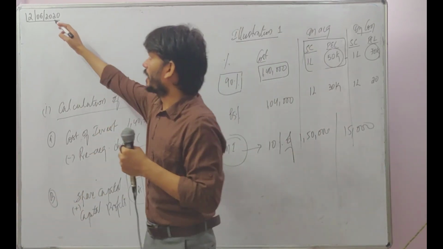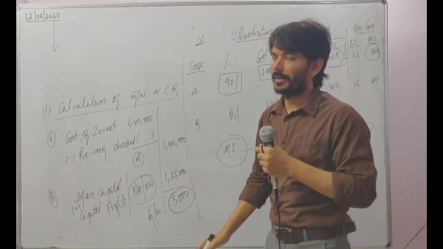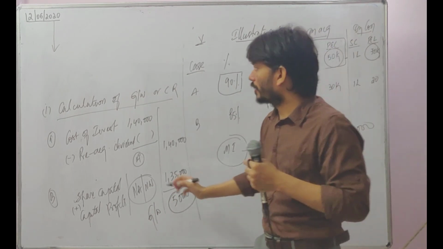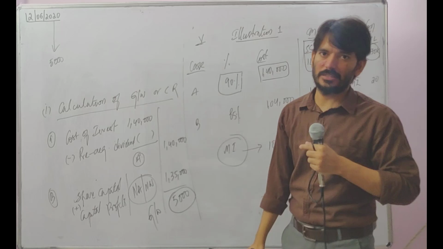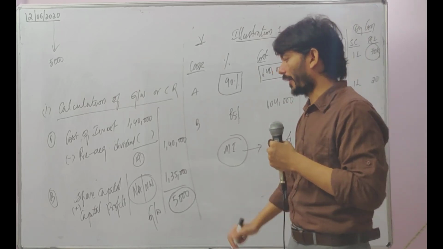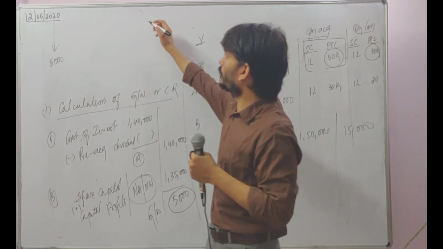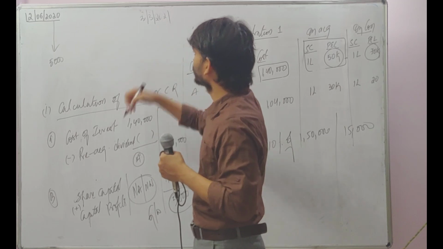See, what is today? I wrote it here only. Today is 12th of June, right? Today I am purchasing the shares of this X Limited. I got a goodwill of 5,000. I'll write it on my asset side as goodwill, intangibles. Fine. But when do I consolidate? 31st March 2021.